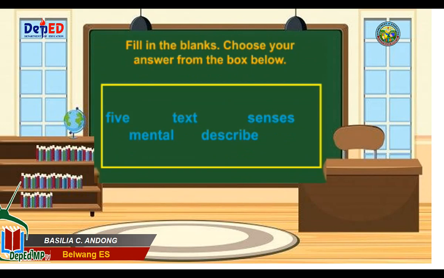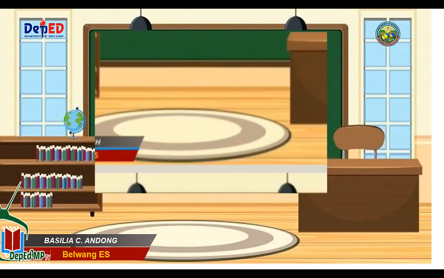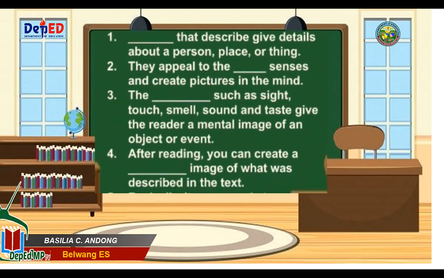Next activity. Fill in the blanks. Choose your answer from the box below. These are the choices: 5, text, senses, mental, and describe. Number 1. Blank that describe give details about a person, place, or thing.